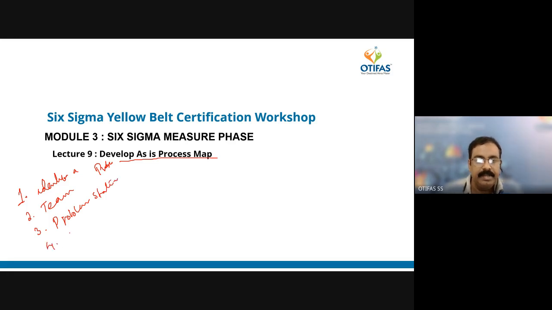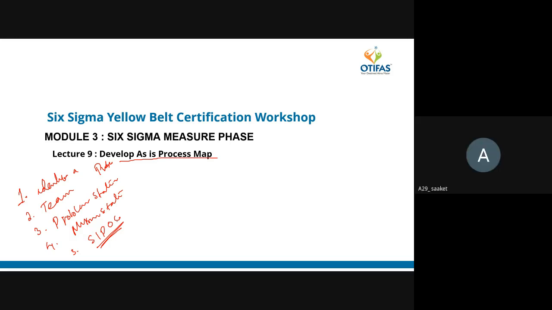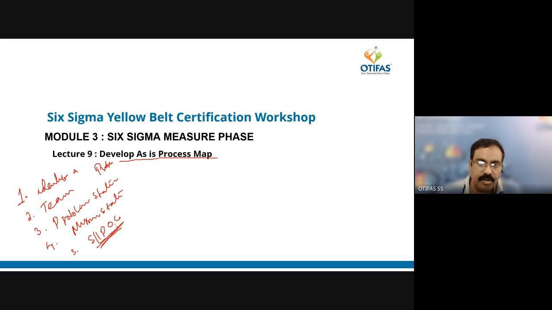Then the mission statement. And then there are 2-3 things like SIPOC, supplier input process output customer. Now SIPOC is actually a define phase tool, but the 3 parts of SIPOC, the IPO, we are going to learn today. So at that time I will talk about SIPOC. When you do all these things and you make a PPT or a 1-page or 2-page document, this all combined can be called a project charter. You will also make a schedule.